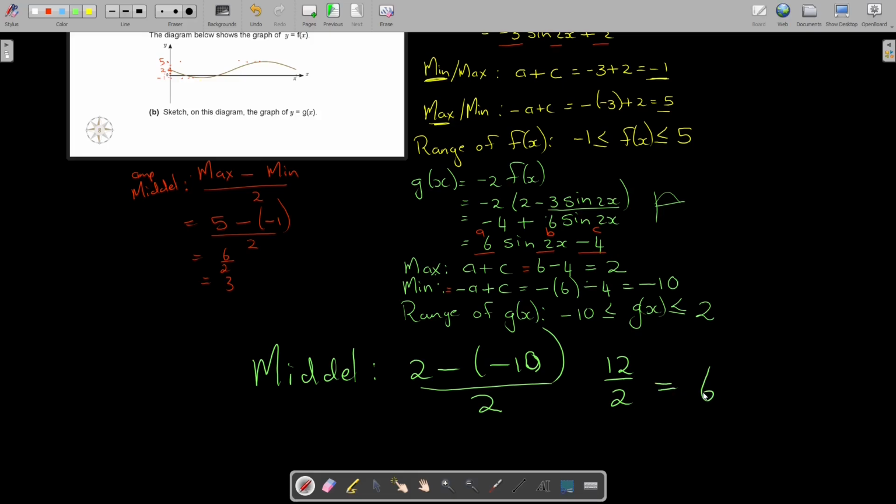Okay, so I know that this graph, I just want to see the maximum. Maximum minus the medium, it's going to be 6 units from the bottom. So I know that this graph is going to negative 10.